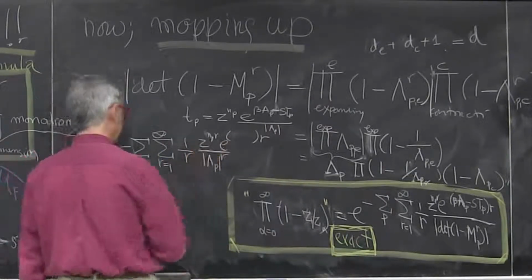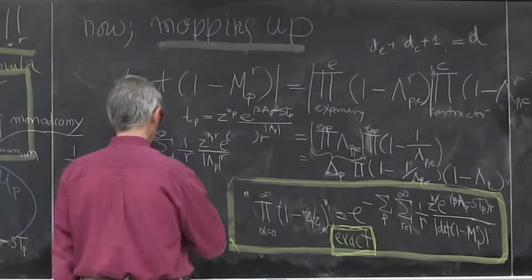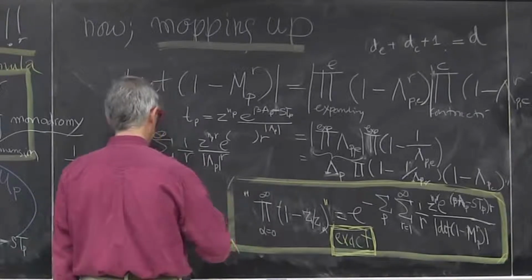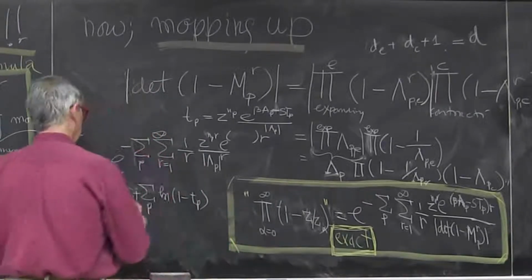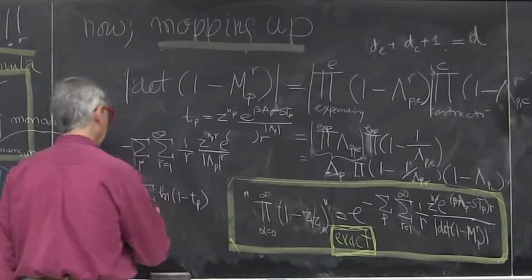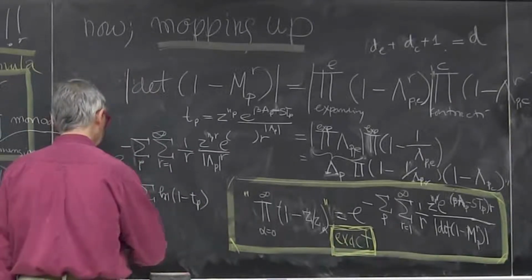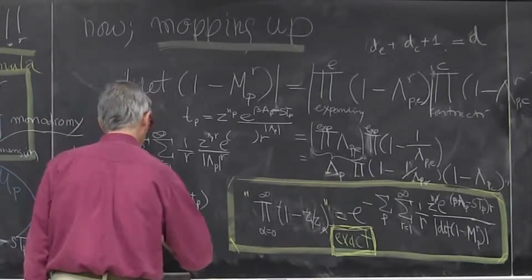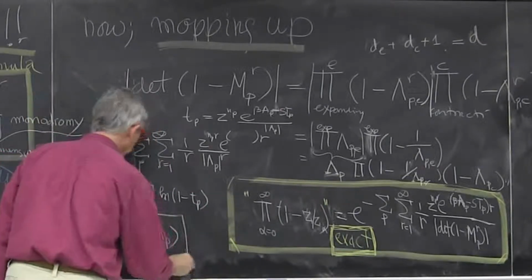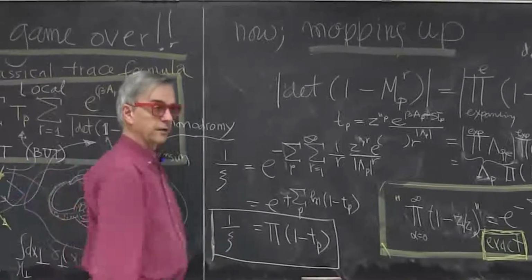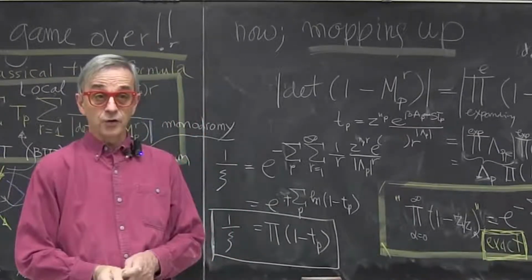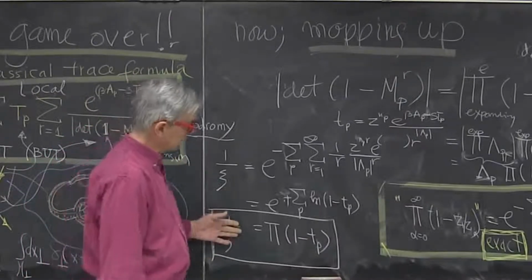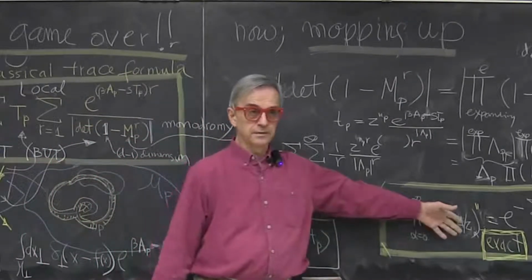I can sum over r, that's the definition of the logarithm, so it's the logarithm of 1 minus t_p. And if I have something here that's a product, the exponent of the logarithm is it, 1 minus t_p.